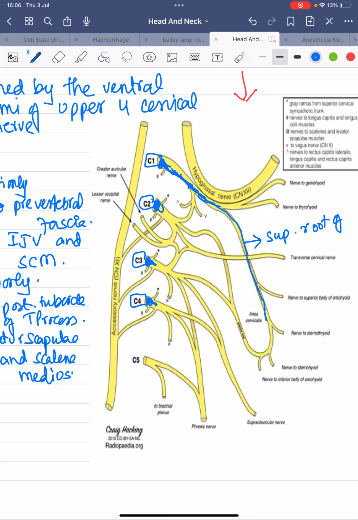Ansa cervicalis means loop. Okay, and C2 and C3. Now see here, this is the C3 and this is the C2.